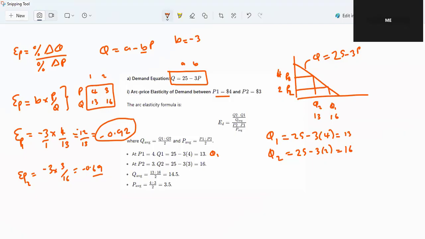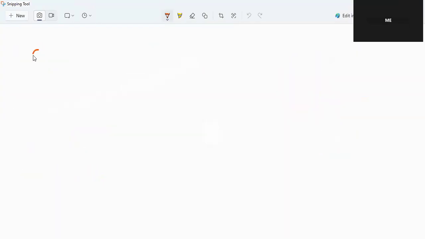So let me illustrate this with another question, because this question comes up a lot. I don't want to lose any of you. So elasticity: suppose we're given Q is equal to 10 minus 2P.